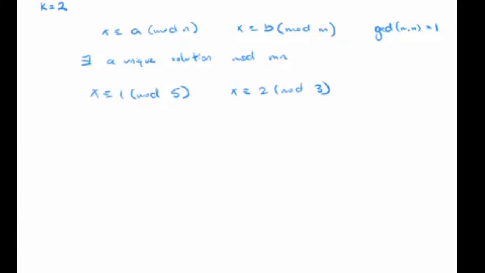Then from here we get x is congruent to 1, 6, or 11 mod 15. And we confirm in this case there is an x that's congruent to 2 mod 3, and that's 11.